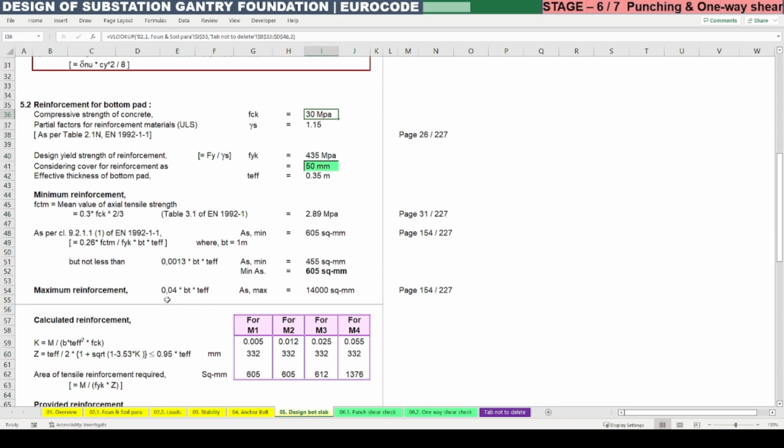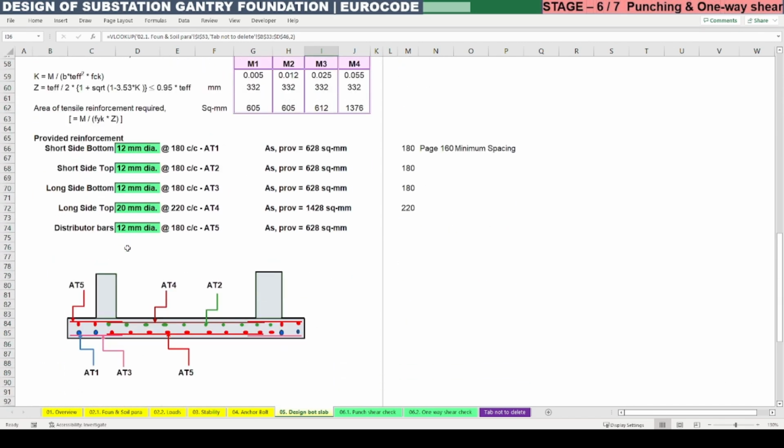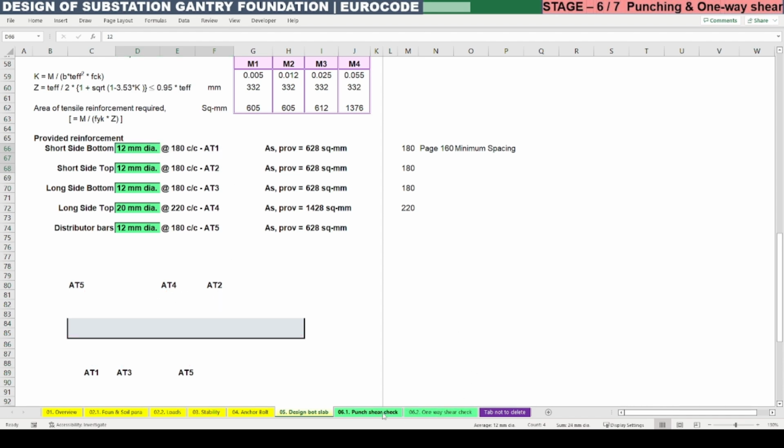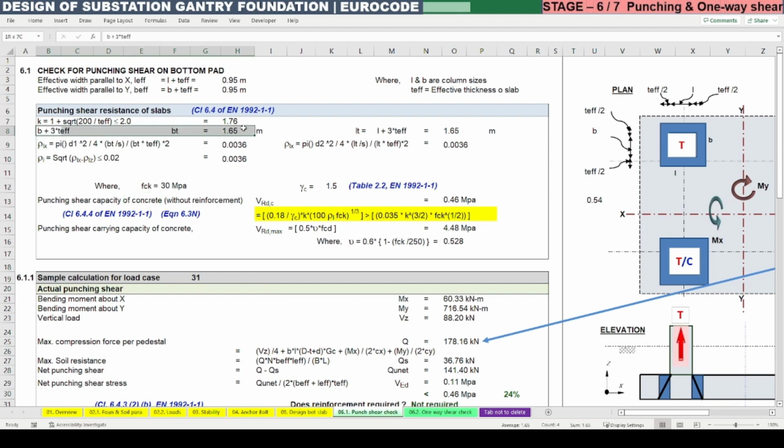As you can see in our previous video, design of bottom raft, we are providing reinforcement both ways, top and bottom. So we need to multiply these two reinforcements by 2. The effective section required is 1.65 meter, which we have calculated here. So for this length, for the effective thickness, we need to calculate the reinforcement, which comes to 0.036 as a percentage of steel reinforcement, or the steel reinforcement factor to the concrete.